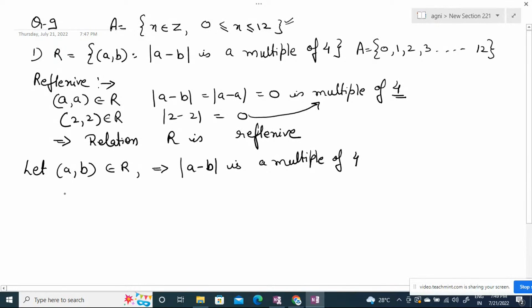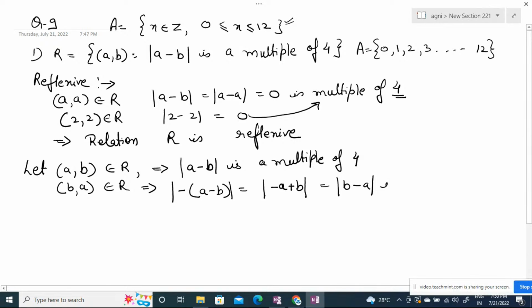And if I take the opposite, that is B comma A belongs to R, then it becomes the mod of minus of A minus B, which is equal to the mod of minus A plus B, which is equal to the mod of B minus A. So it is also a multiple of 4. So we can say that B comma A also belongs to R. So the relation is symmetric.